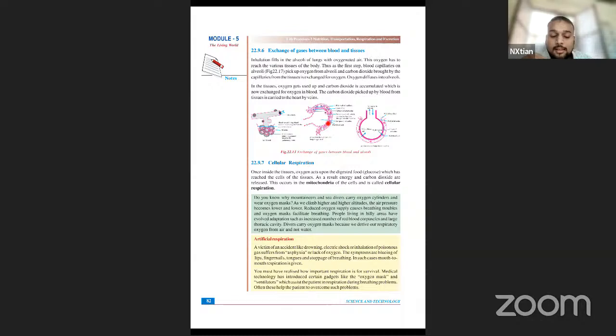What is the name of the blood vessel which is coming to this part? I repeat again, the alveoli have a blood vessel so that the exchange of gases can happen. Now, what is the name of this blood vessel?